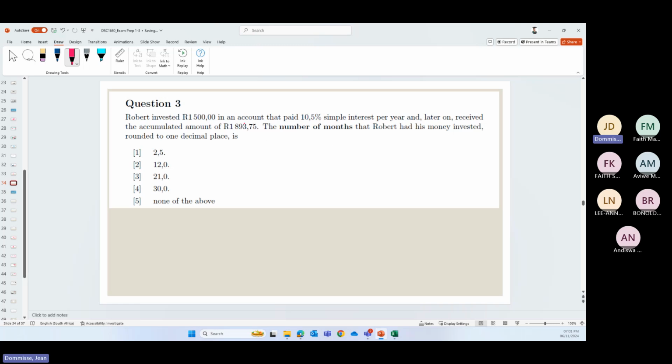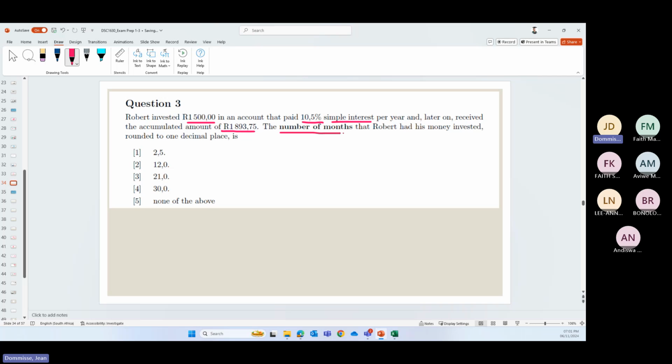So let's first read. Robert invested 15,000 in an account that paid 10.5% simple interest and later on received the accumulated 1,893 rand and 75 rand.